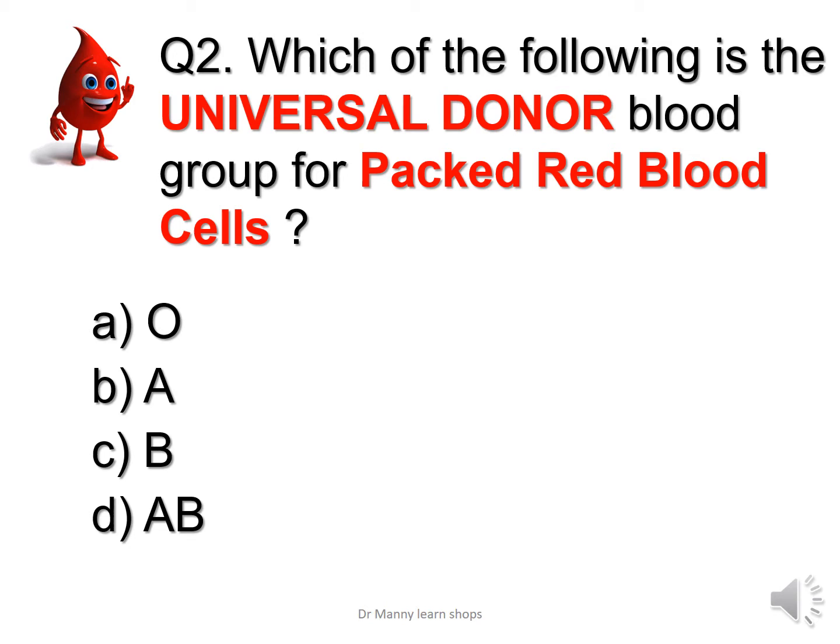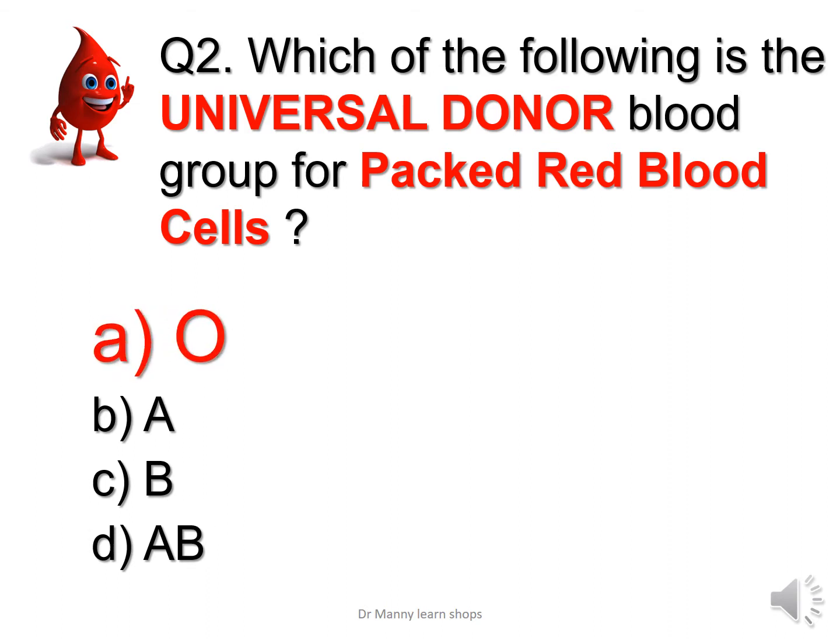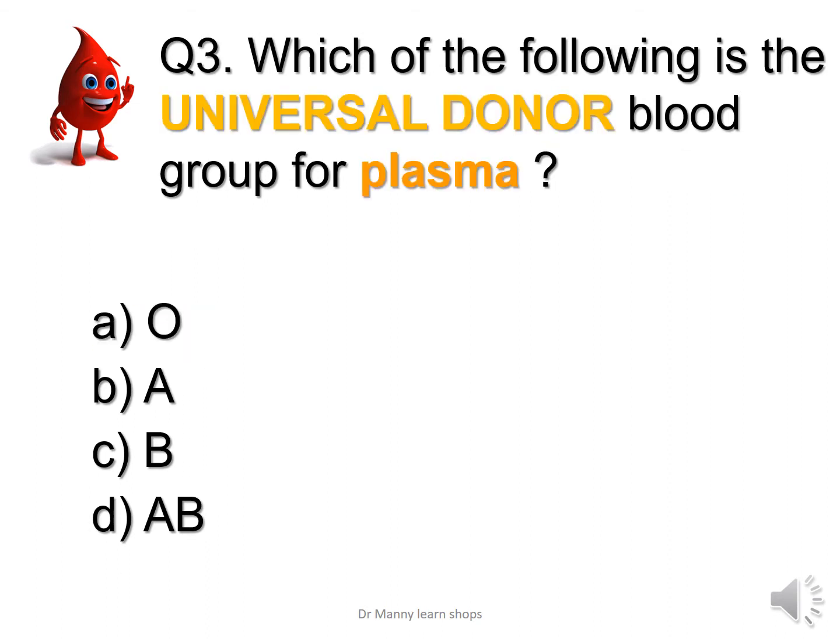O, A, B or AB? The correct answer is O or 0. Which of the following is the universal donor for plasma? O, A, B or AB? The correct answer is AB.